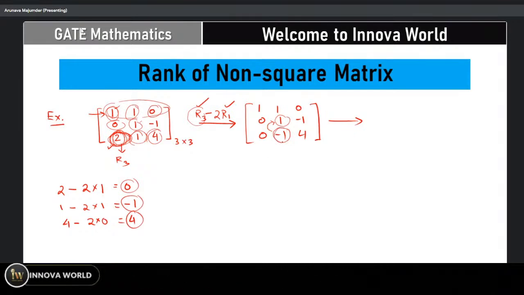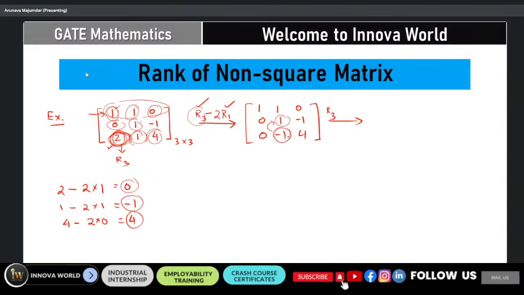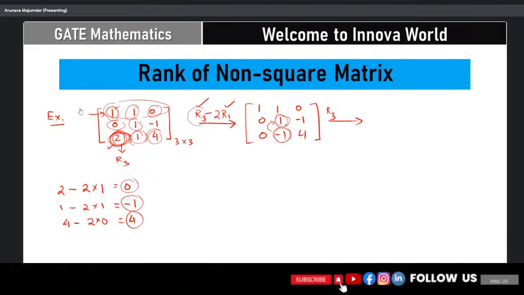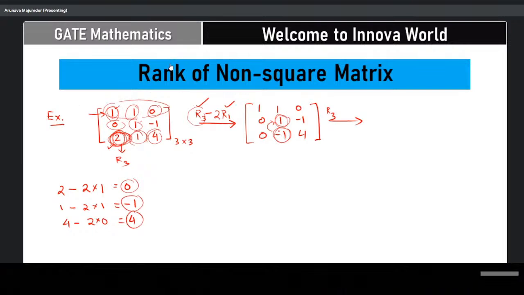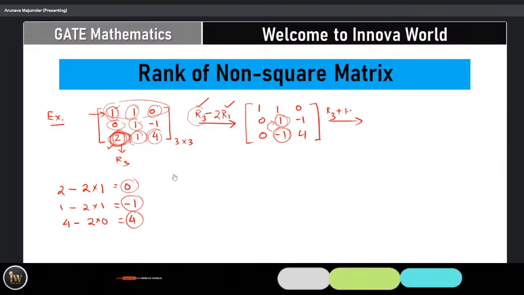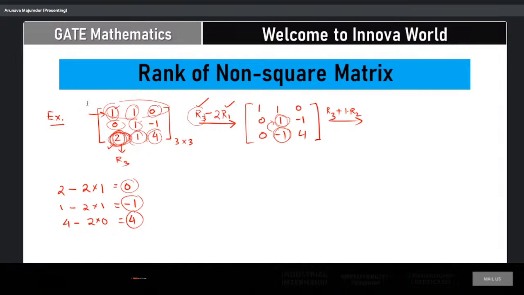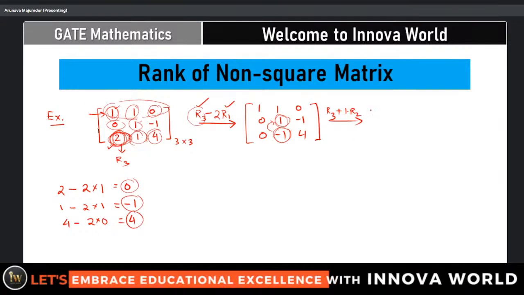In the second row, this element is 1 and this is minus 1. So what can we do? Simply we will add 1 into row 2. That's all. So this element will become 0 now.